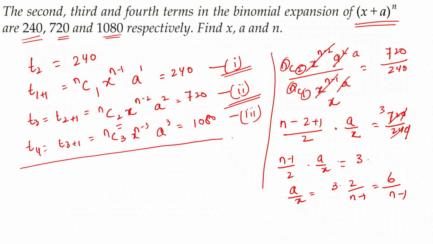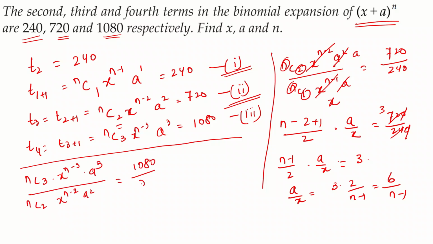So if I do equation 3 by equation 2, I get nC3 x to the power of n minus 3 a cube divided by nC2 x to the power of n minus 2 a square is equal to 1080 by 720. And on simplification, I again get a over here and x in the denominator, and I again apply the formula for this part. So it is (n minus 3 plus 1), head minus tail plus 1 divided by tail, into a by x is equal to 1080 by 720.